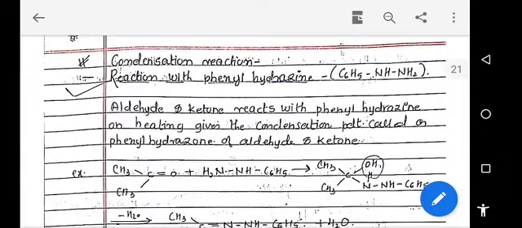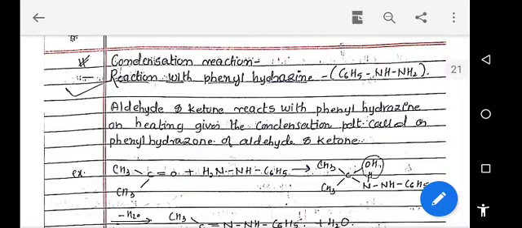Next one is the condensation reactions. What is the condensation reaction? You know that when there are two different molecules, two different atoms, that is OH or H, get attached and there is a removal of H2O molecule.